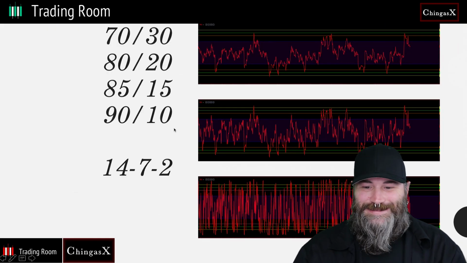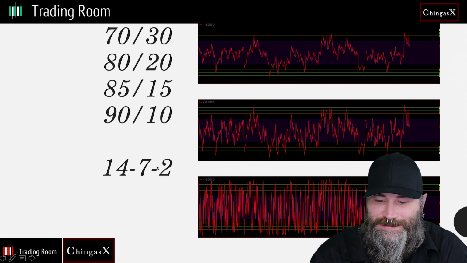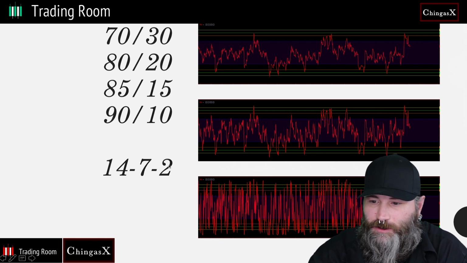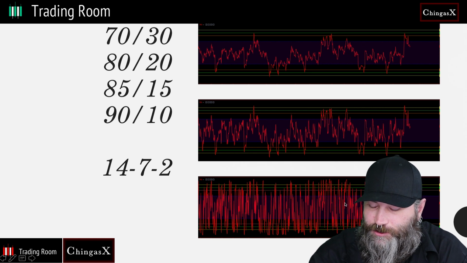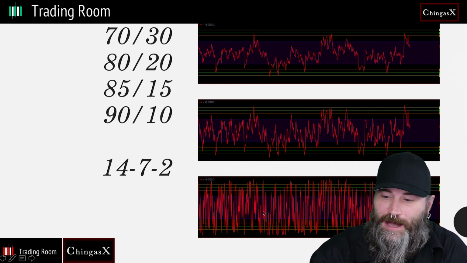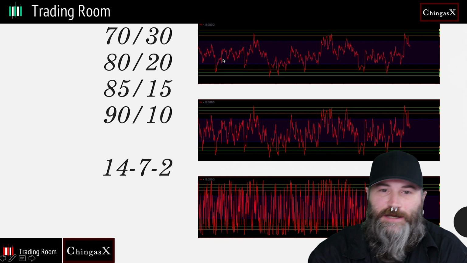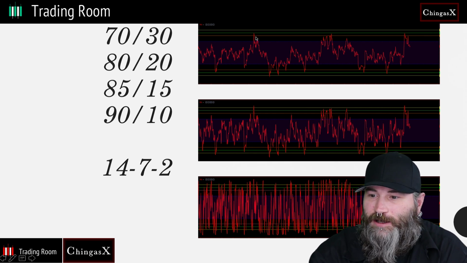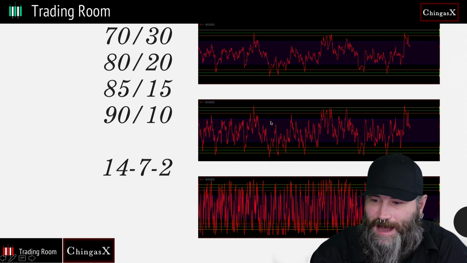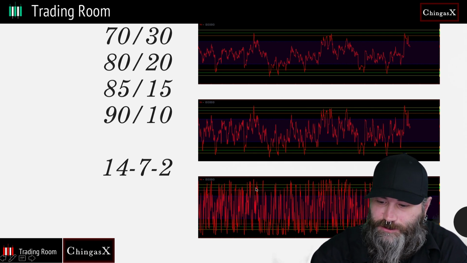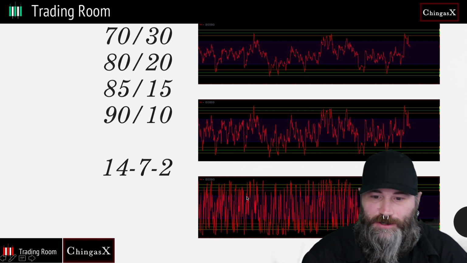So an example of 14, 7, and 2 is the difference you see on the 14 here, the 7 here, and the 2 here. You can visually see how intense it is. 14, much smoother, way less triggers as far as becoming overbought or oversold. And then the 7 adds a lot more. And then, of course, the 2 is just pure insanity.